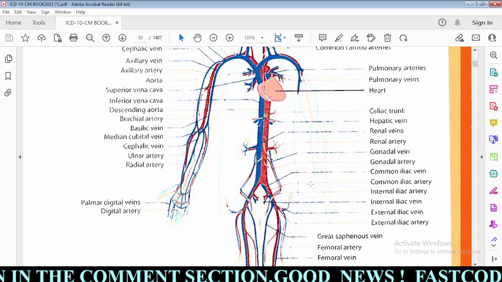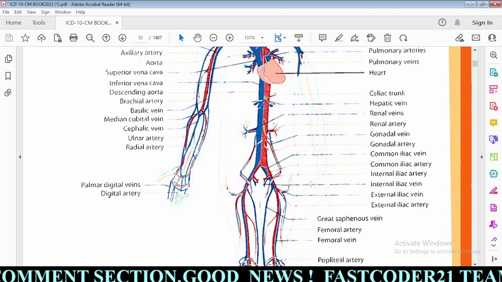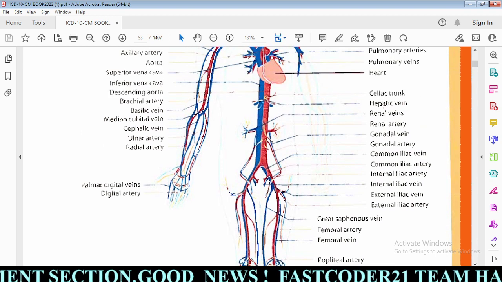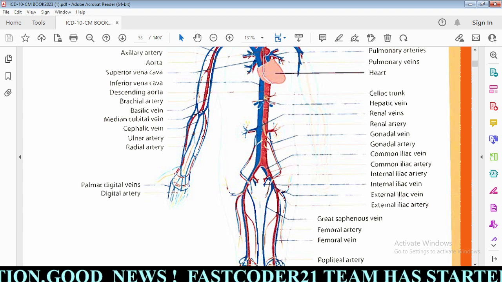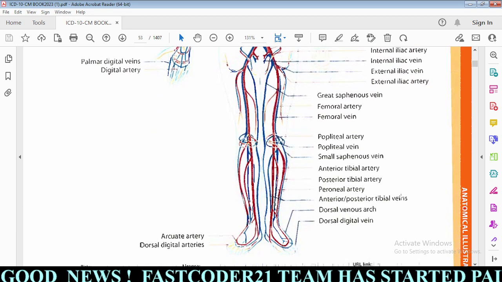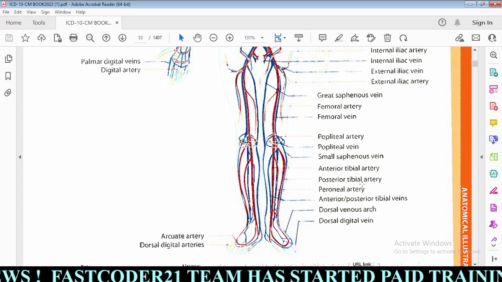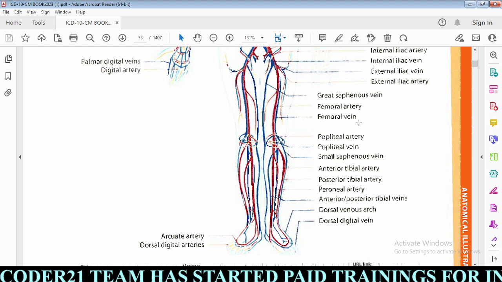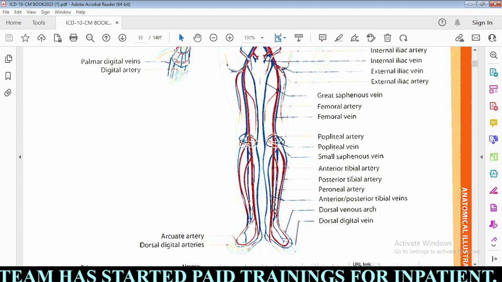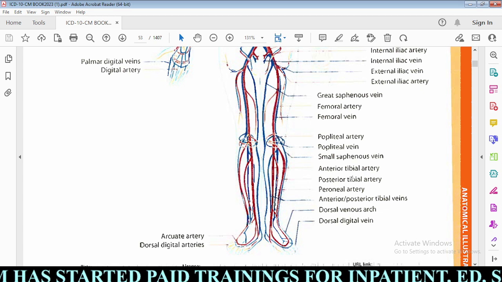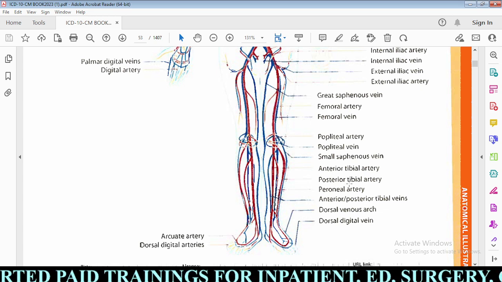Most of the IVR procedures come under this area: celiac trunk, hepatic veins, renal artery, gonadal veins, and also most of the lower extremity interventional radiology procedures performed on femoral artery, femoral vein, popliteal artery, popliteal vein. So if you know this anatomy, you can code IVR procedures very easily.